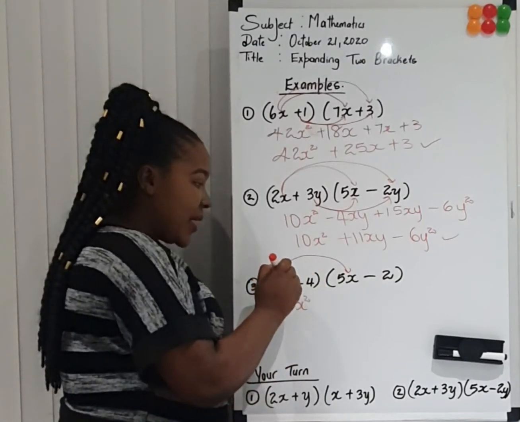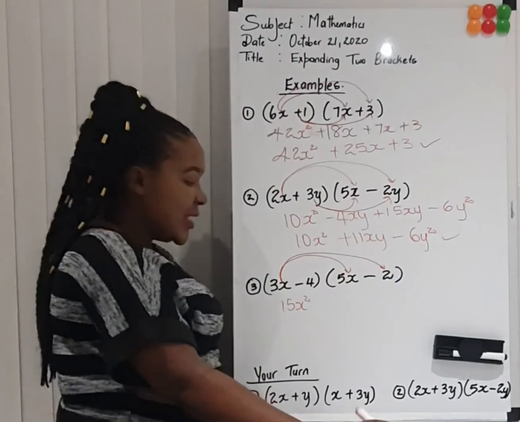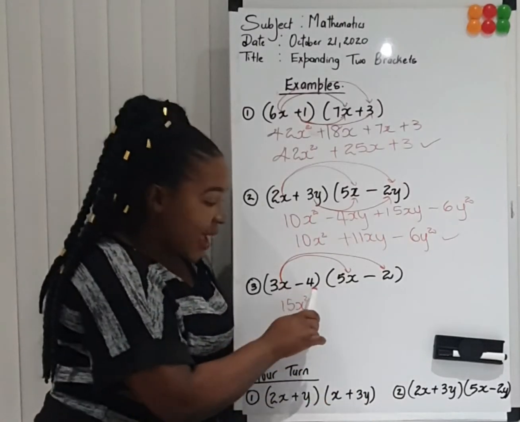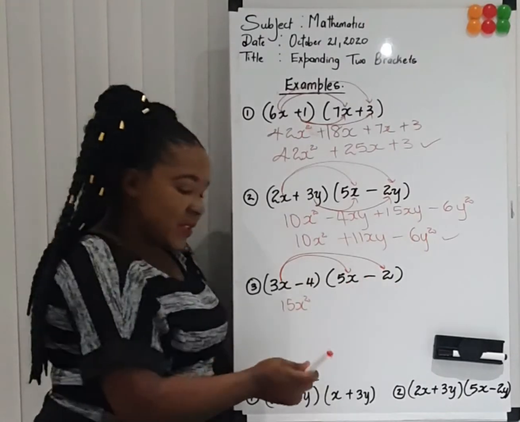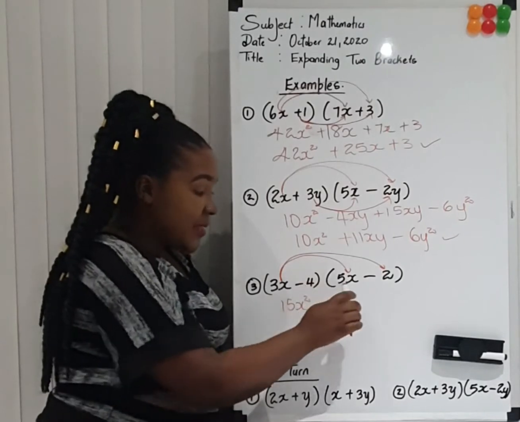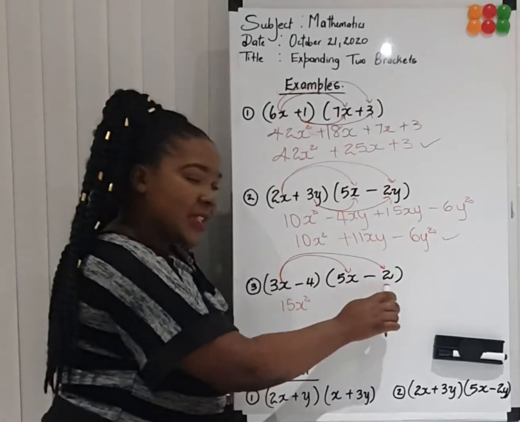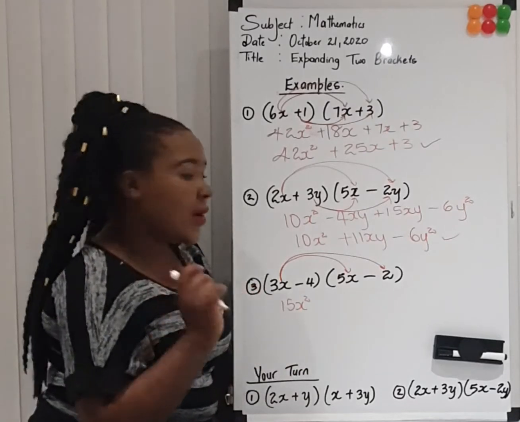The same 3x will match with negative 2. So this could be like chicken and rice. I give 5x some chicken and I give negative 2 some chicken. And when I'm finished, this is the rice, I'm going to give 5x some rice and negative 2 some rice. See? That's just another way to think of it.